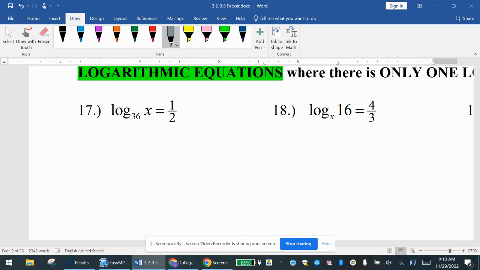So notice in number 17, we've got log base 36 of x equals a half. Like this, it's really hard to tell what the answer is, but in exponential form, it's going to be a little bit easier. So 36 to the 1/2 power equals x.